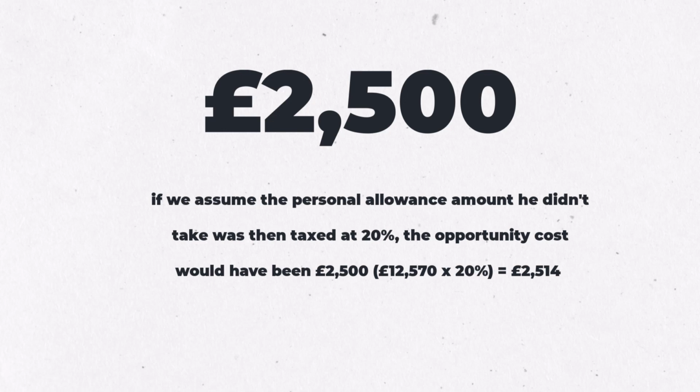This mistake, or opportunity cost, if you like, could be as much as £2,500 if we assume the personal allowance tax-free amount that he didn't take advantage of was then taxed at 20% in a different tax year, or when his state pension kicked in, which filled up that bucket.